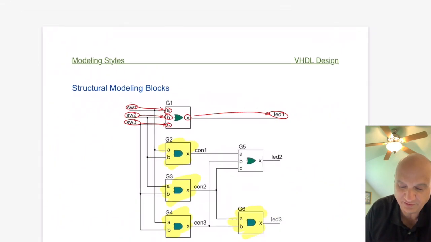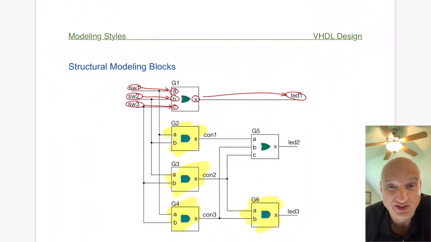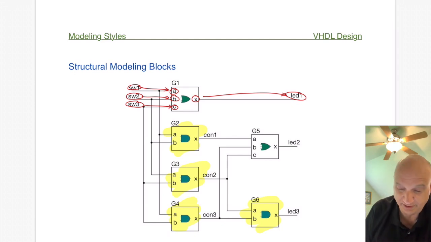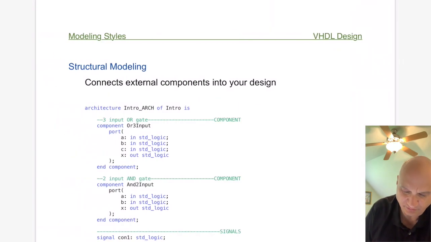Since we just focused in on G1, let's take a look at how G1 is declared. If we go over here, these are the component declarations that are part of the architecture declaration section.